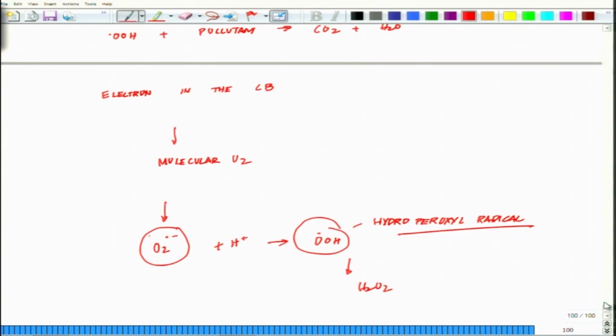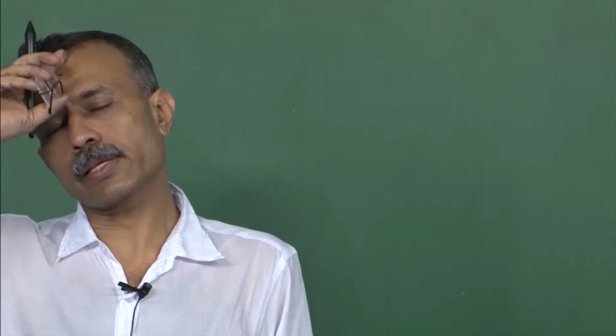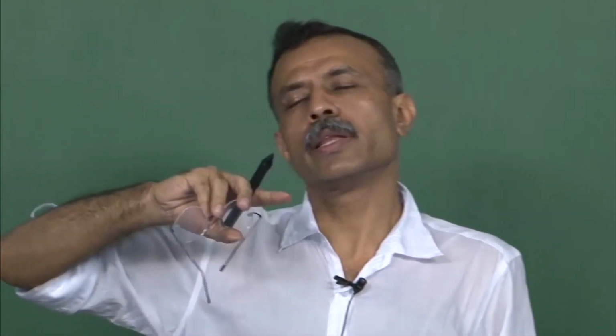These reactive oxygen species may also contribute to the oxidative pathway, such as degradation of pollutants. So you realize that the same titanium dioxide, which has an agricultural role, is now showing tremendous promise in photoelectrochemical cells.